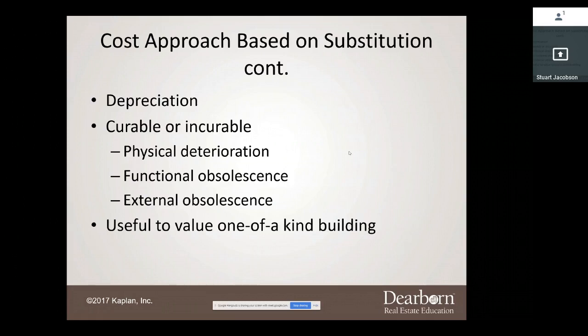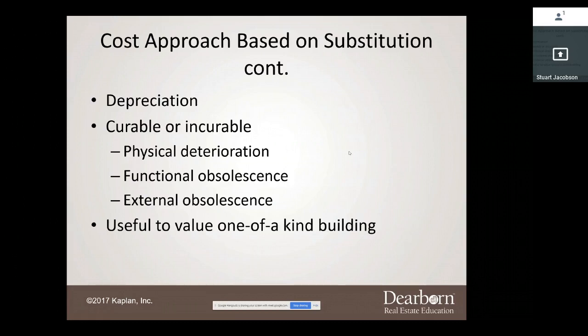But again, functional obsolescence is just that, where it is functionally obsolete, okay? Functional obsolescence could be cured, okay? Because it could make sense to build another bathroom in it. It's not always potentially incurable. Then there is external obsolescence, and these are all things that add to the depreciation on a building, okay?